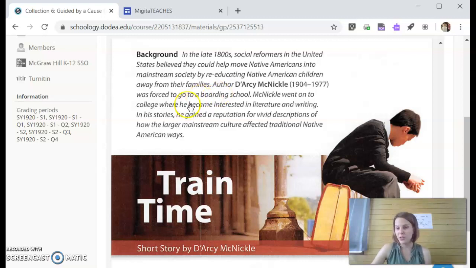They were forced into a boarding school, and it was very sad for the Native Americans. However, because they were educated, this person, Mr. Darcy McNichol, was able to share his experience with mainstream society at that time on what it felt like. So there's a little bit of good that came out of the bad.